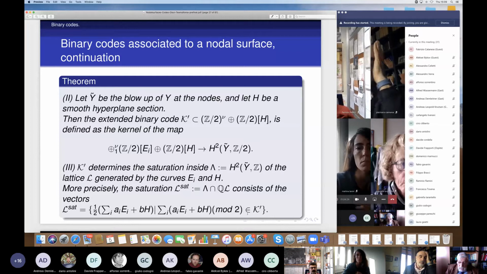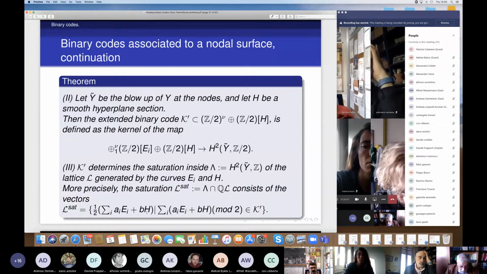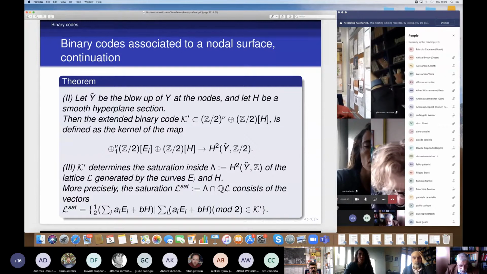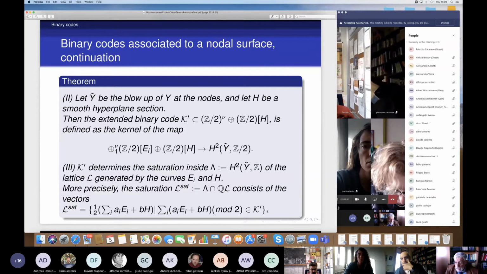And the answer is quite easy. The saturations are just 1/2 of the sums of the E_i and H, such that this sum, modulo 2, gives an element in K prime.